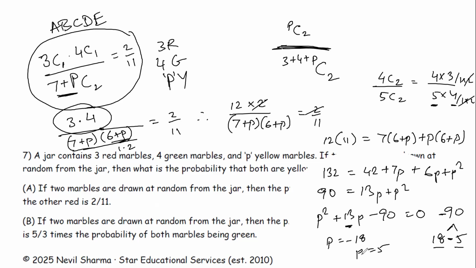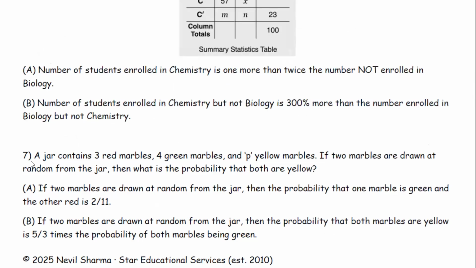So clearly, it can't be a negative one. So P is 5. And therefore, I can get my answer as 5C2 upon 3 plus 4, 7, 7 plus P is 12, right? So 12C2. I get an answer. So A answers. B, C is out. E is out. Okay? Now, second one.